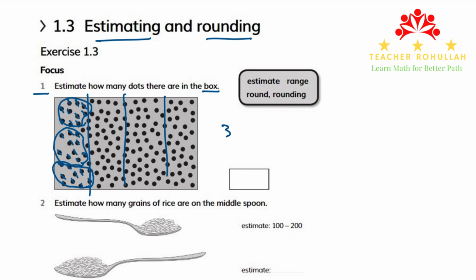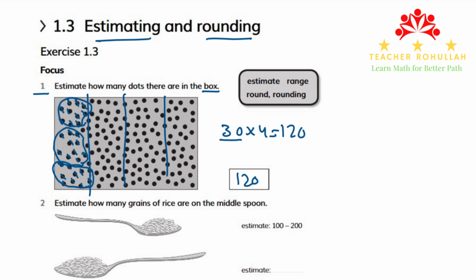So we know that in each piece we have about 30 dots. So 30 times 4 is 120. So we estimate that the number of dots in this box is about 120. So when we estimate, we don't want the exact number. We want a number which is closer or closest to the exact number.